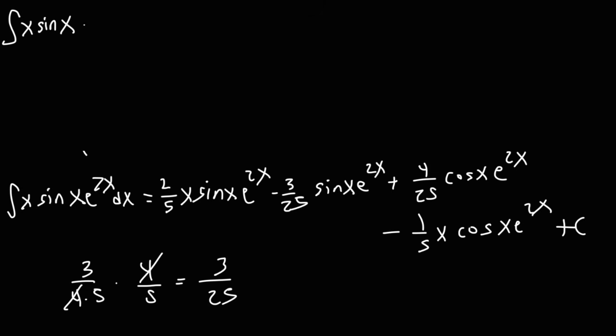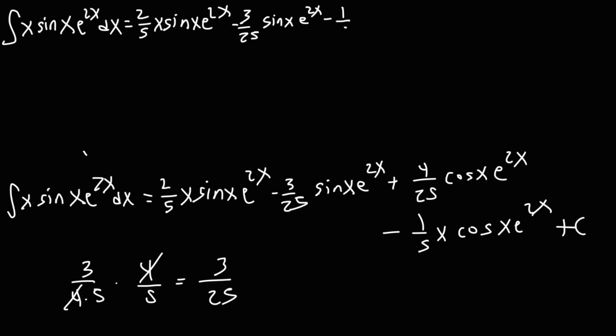So the integral of x sine x e to the 2x dx is equal to 2/5 x sine x e to the 2x, and then minus 3/25 sine x e to the 2x, minus 1/5 x cosine x e to the 2x, and then plus 4/25 cosine x e to the 2x plus c.